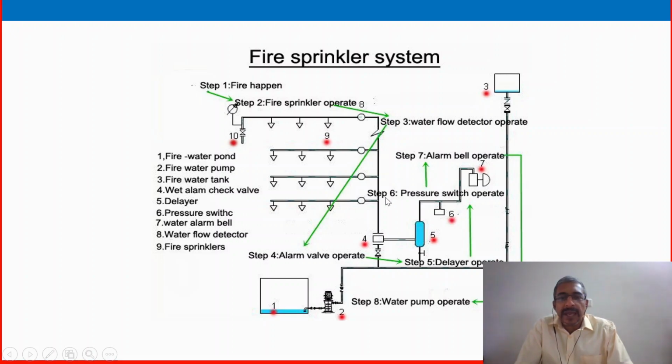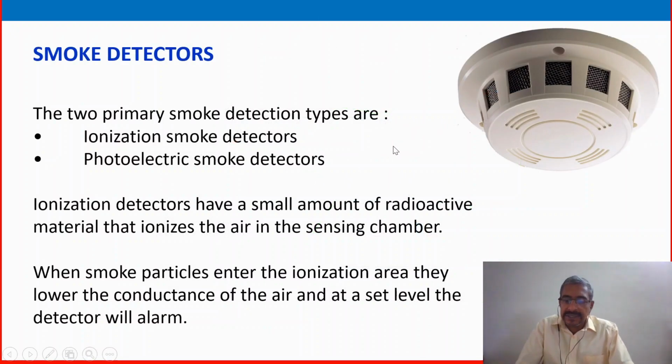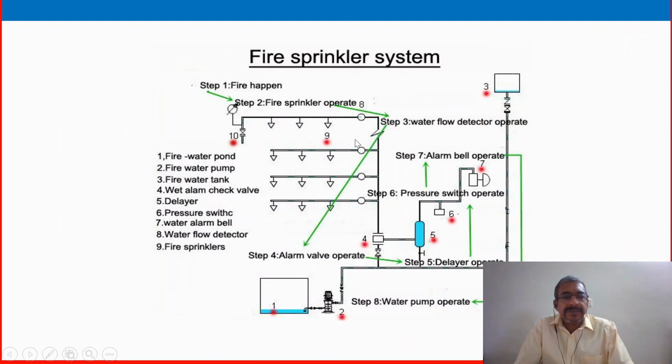So there are various steps here to explain how the system operates in various conditions, like 1 to 10. Just review this and understand how it operates. Step 2 is the sprinkler, step 3 is the water flow detector operating, and step 4, the alarm valve operates, like that. So it gives some idea of how a heat detector is connected to a fire sprinkler or fire water sprinkler system.